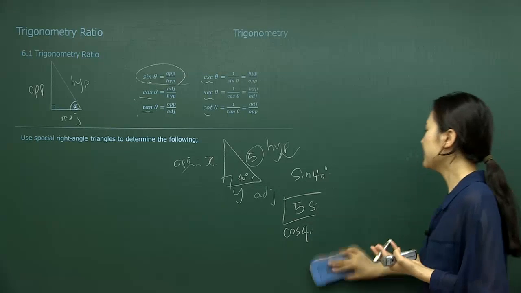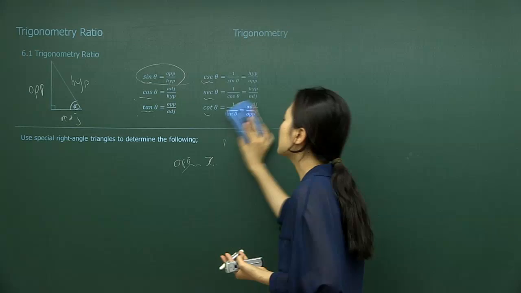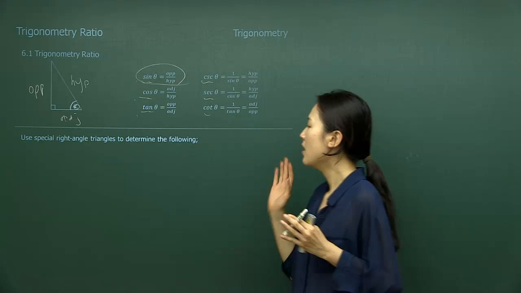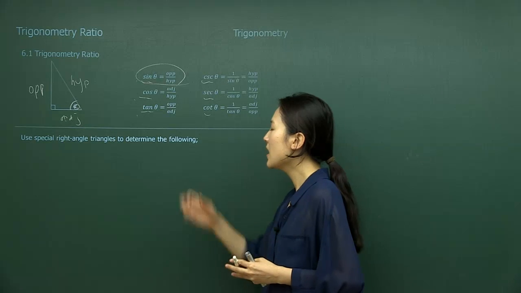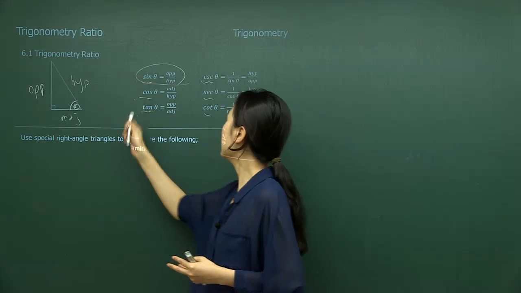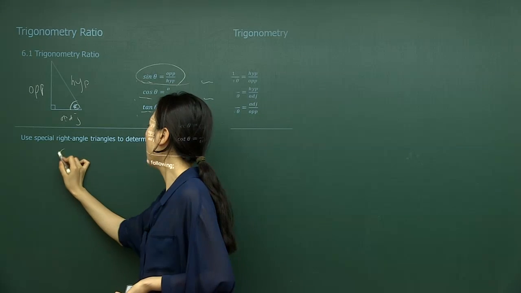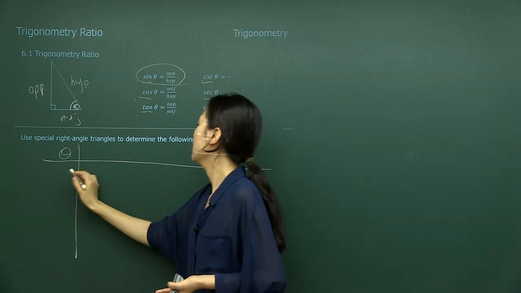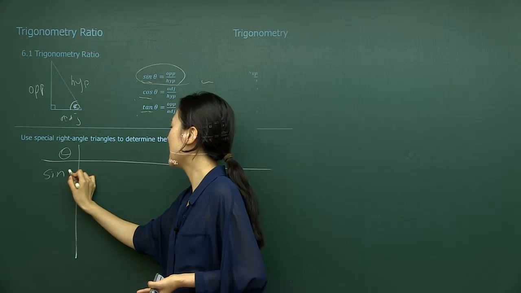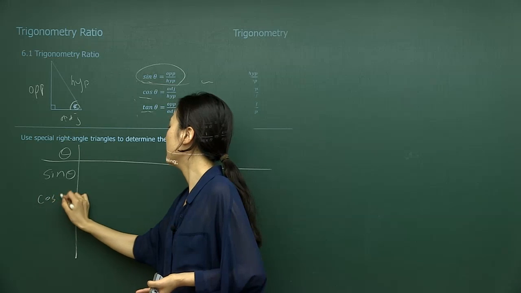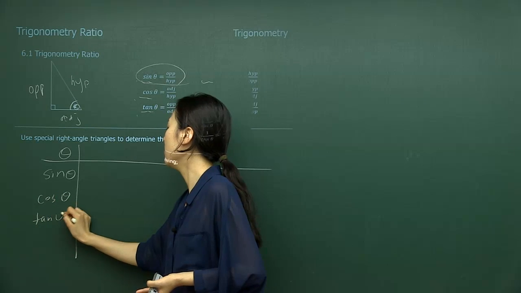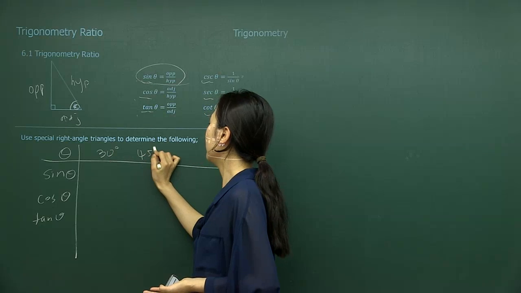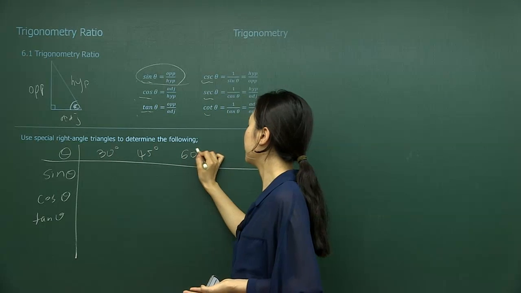So basically, do you remember the 2 special triangles with a special ratio given to them? If you apply this, you can actually evaluate quite many special ratios. So we can actually understand what sine of the angle, cosine of the angle, and tangent of the angle are for 30, 45, and 60.